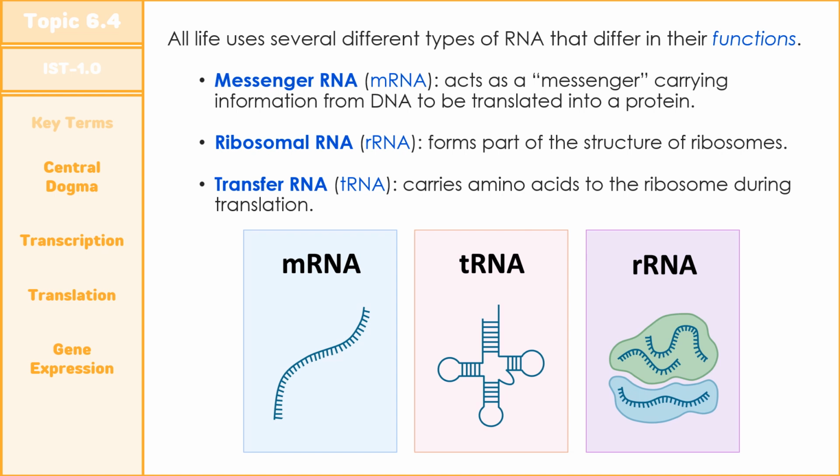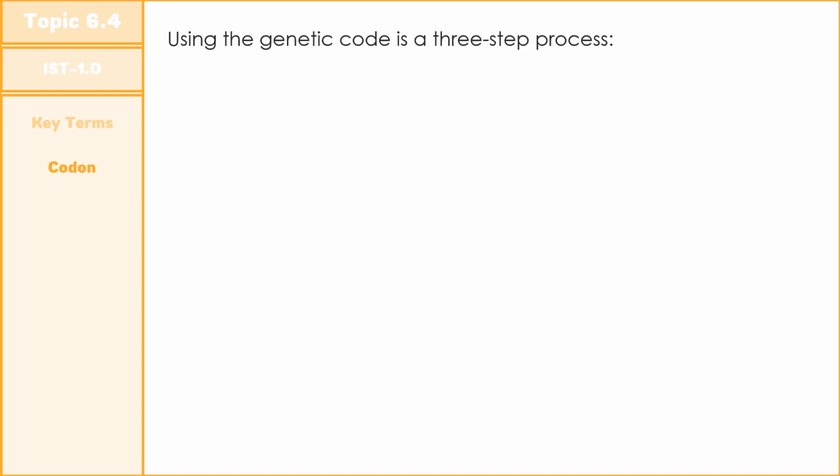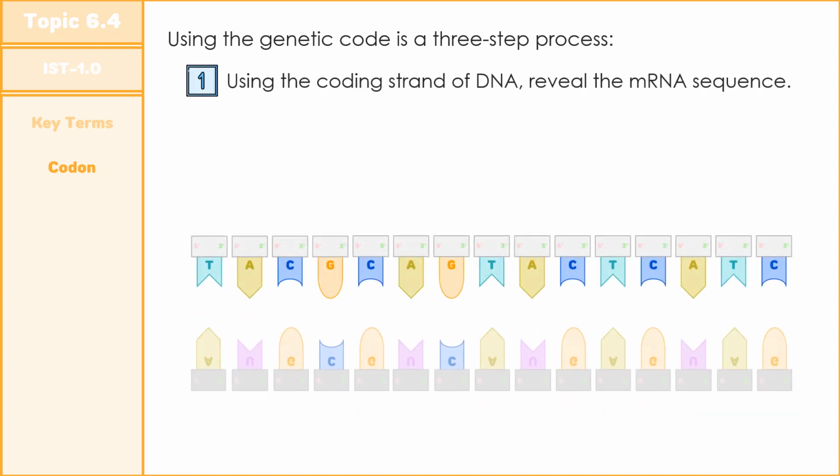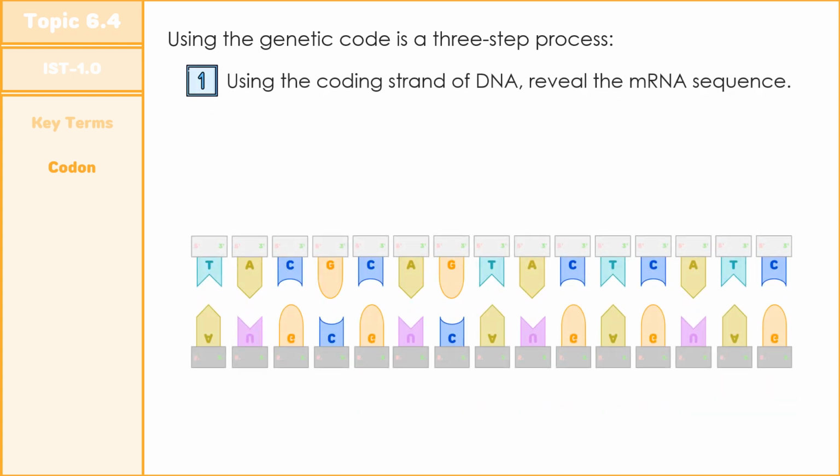So when we go to move from each of these biochemical languages, we're going to follow this essential three-step process. The first is that we're going to use the coding strand of our DNA to reveal our mRNA sequence. So this was essentially what happened during the process of transcription.